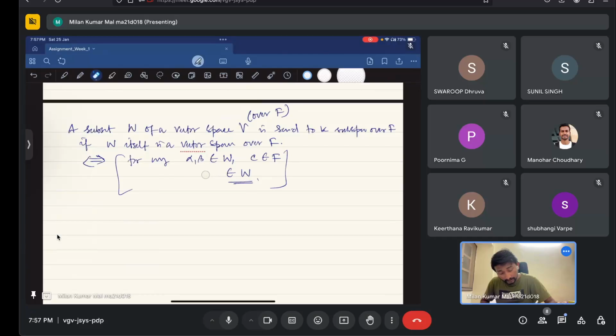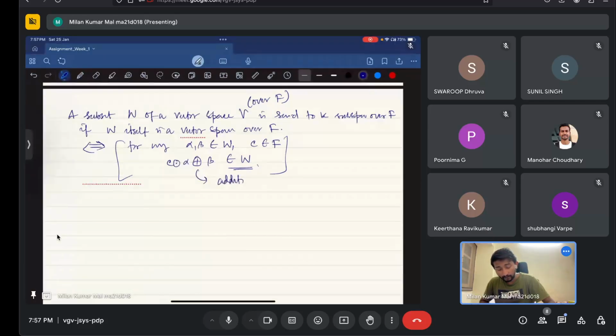Better to write it as c dot alpha plus beta. This is the additive operation. This is the scalar multiplication operation, multiplication by a scalar.